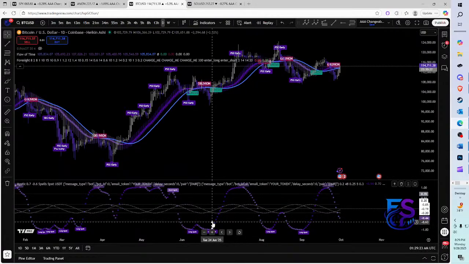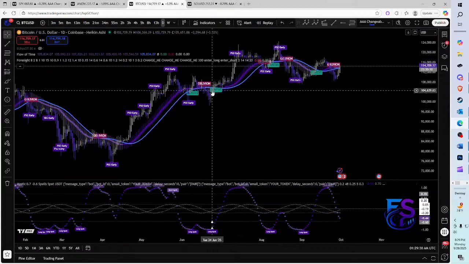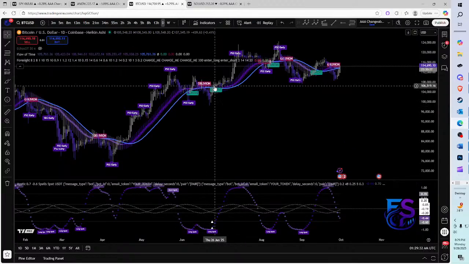So you see here we got this double triangle again, and look how powerful this is. We get the Genesis cross on the confirmation.